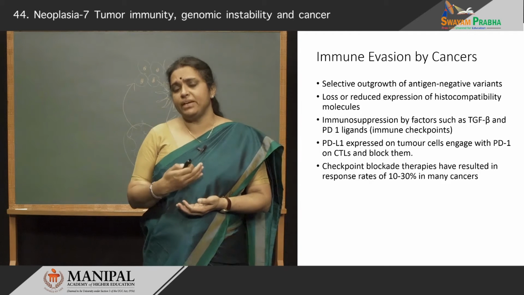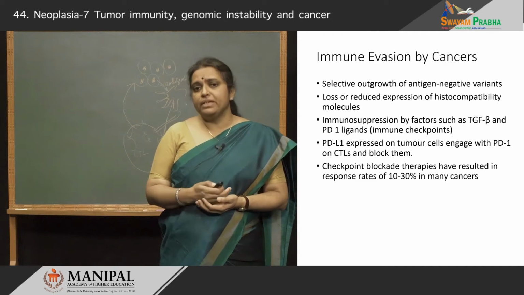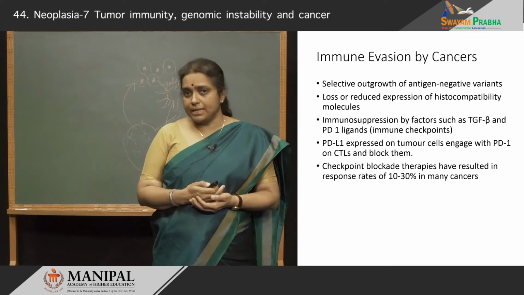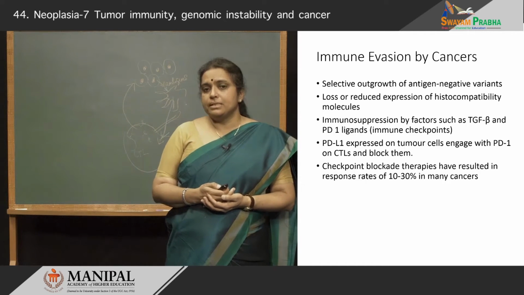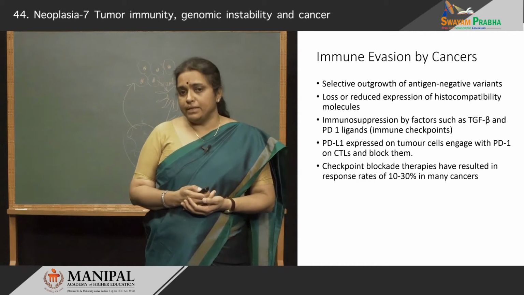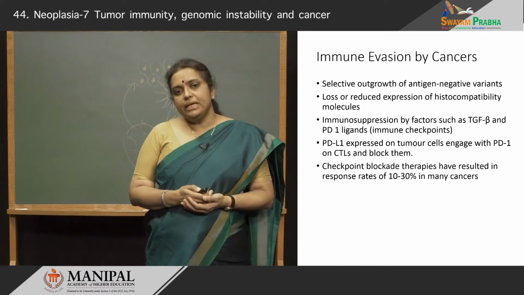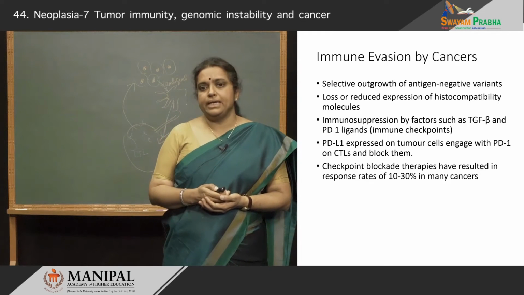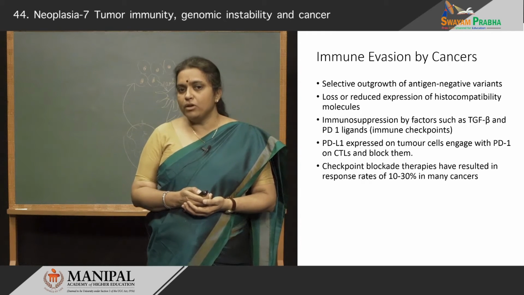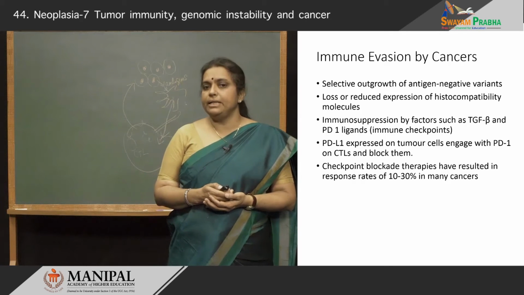This has emerged as a very important immune checkpoint pathway in cancerous cells, the programmed cell death 1 ligand and PD-1 receptors. PD-L1 expressed on tumor cells engages with PD-1 on cytotoxic T cells and blocks them.